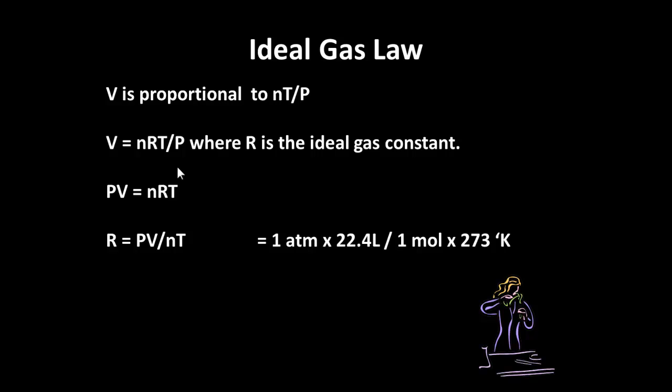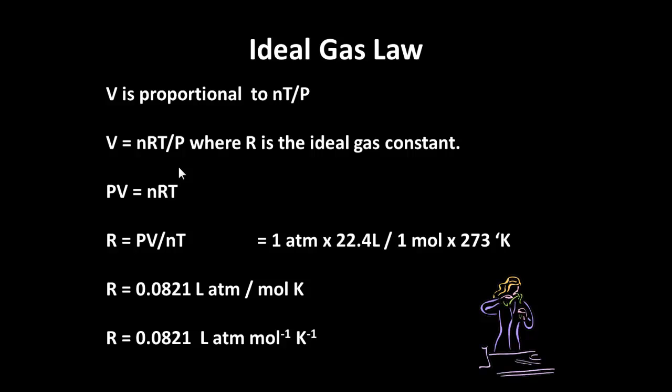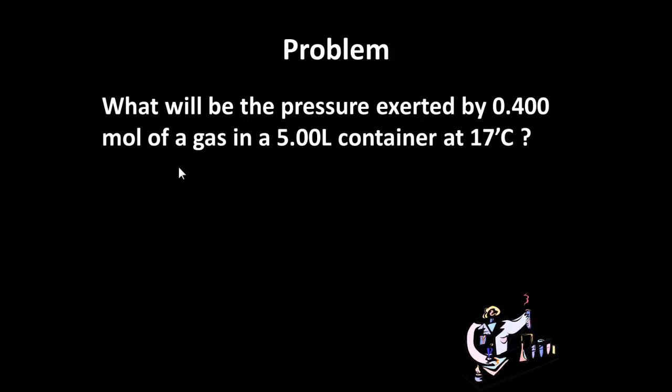A pressure of 1 atmosphere times 22.4 litres divided by 1 mole multiplied by 273 degrees Kelvin. We have a value for the ideal gas constant of 0.0821 litre atmospheres per mole per degree Kelvin, which we can also write as litre atmospheres mole to the -1 K to the -1.